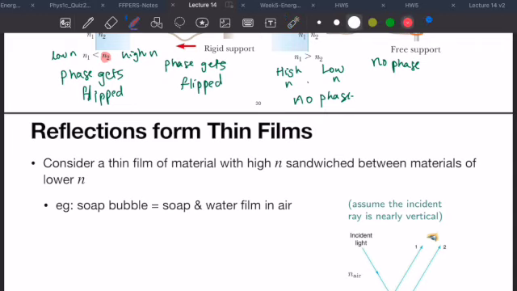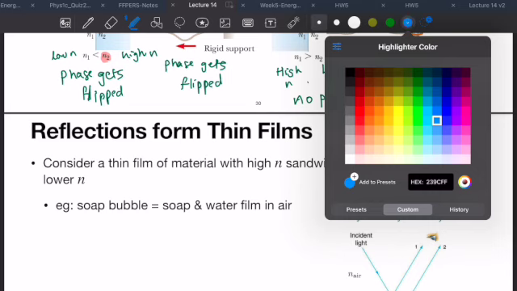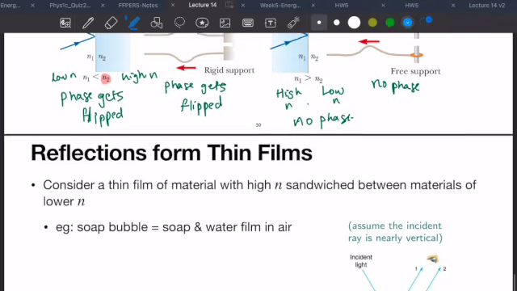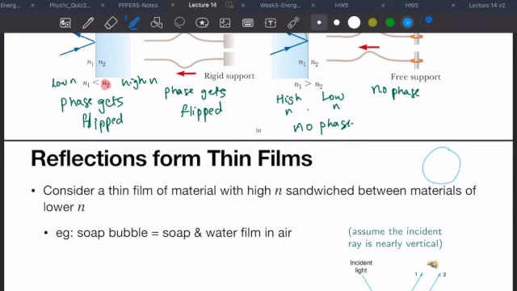So I'm going to try to draw an example of a soap bubble. Let's say this is my soap bubble. If I zoom in, let's draw the soap bubble to be a little bit more pronounced in its thickness. So here's my soap bubble, and there's a film of soap that we're looking at.